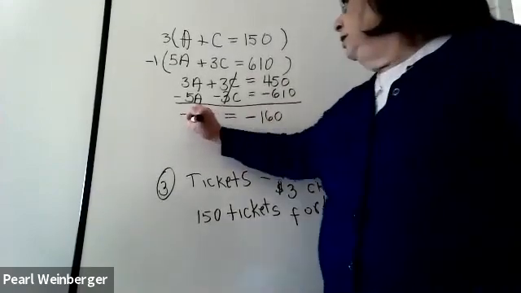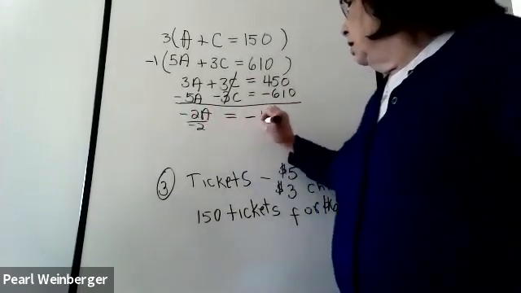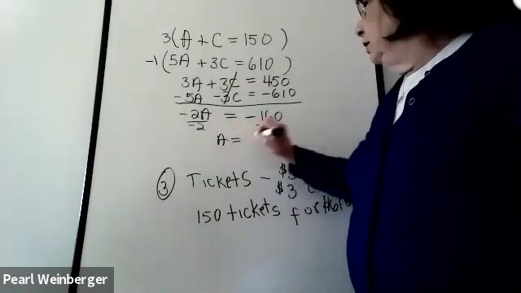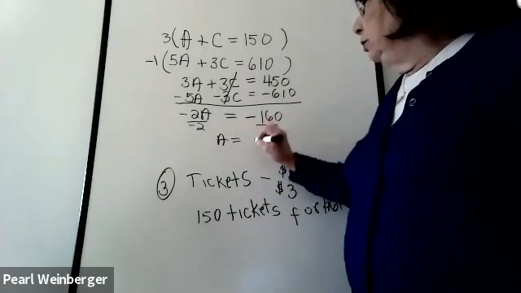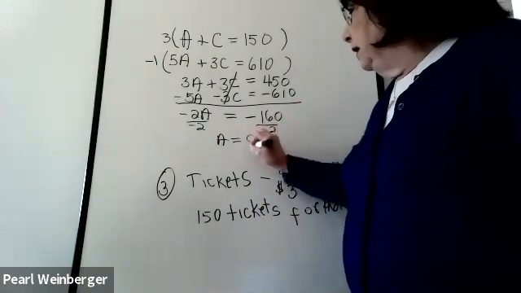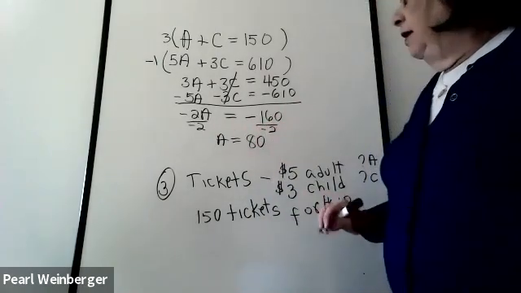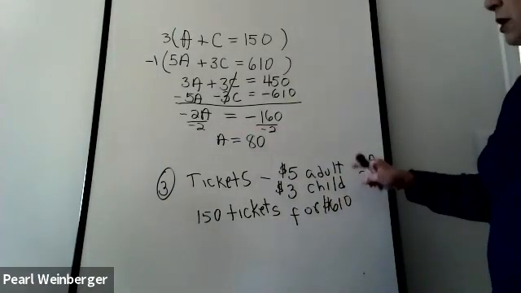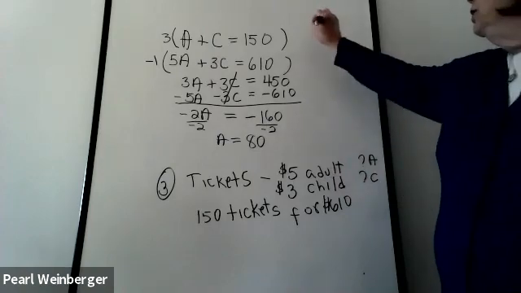And dividing both sides by negative 2, I get A equals negative 160 divided by negative 2, which is positive 80. A, remember, stands for how many adult tickets were sold. 80 adult tickets were sold.